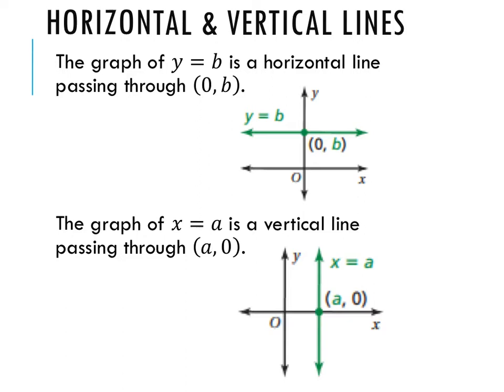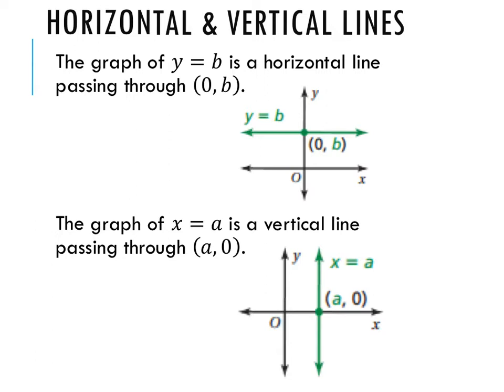But to be able to tell from an equation, you should see that there is a difference in the equation as well. So a horizontal line is always going to be y equals b, and this b is going to be some number. So wherever it crosses the y-axis, say this was a positive 3, this would be y equals 3, for example.